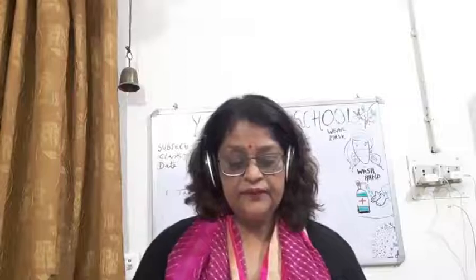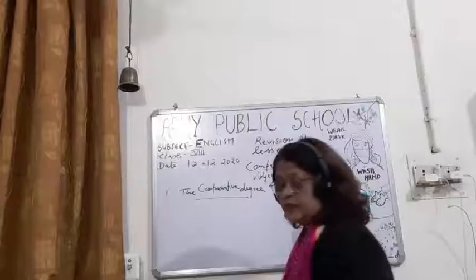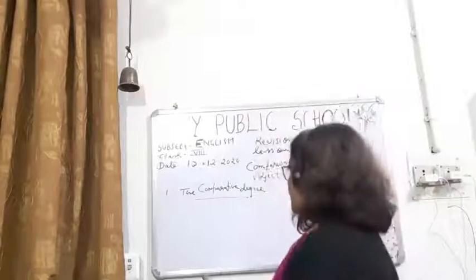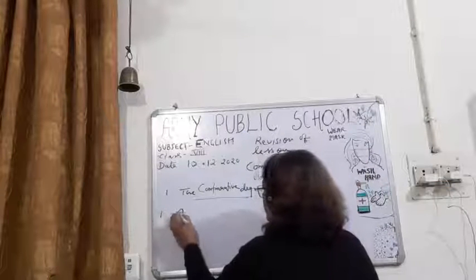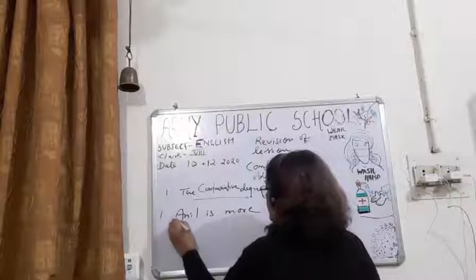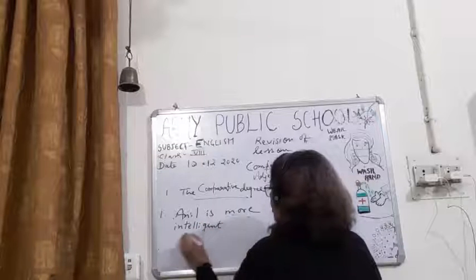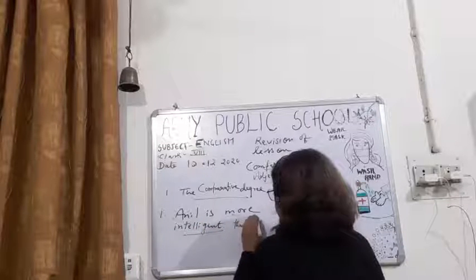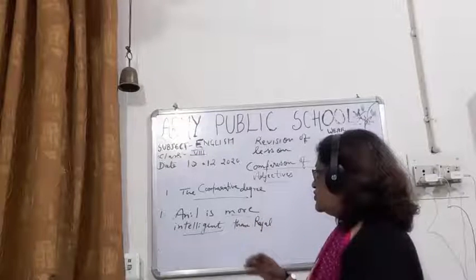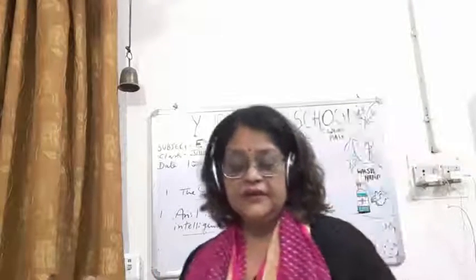For example, Anil is more intelligent than Rajat. Here two things are compared: Anil and Rajat.